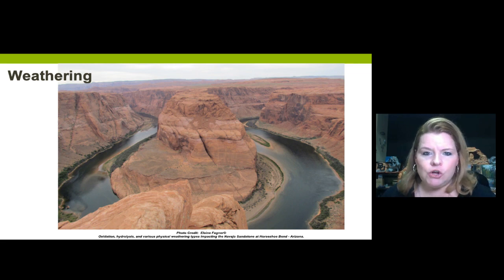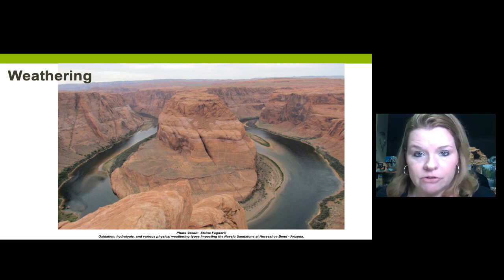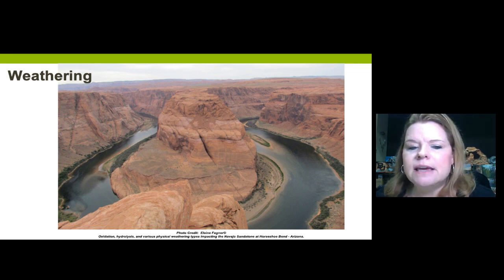So as we conclude, on the weathering side, I want to remind you that weathering happens in tandem typically with other types of weathering. This is Horseshoe Bend in Page, Arizona, a very famous place. So you got the Navajo sandstone, and that's a detrital sedimentary rock, by the way.